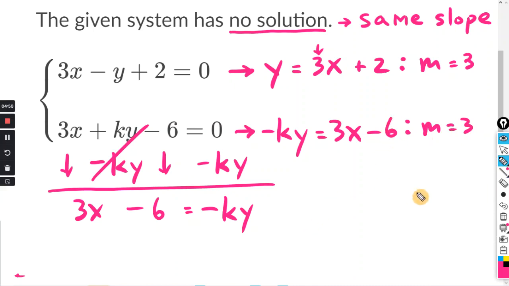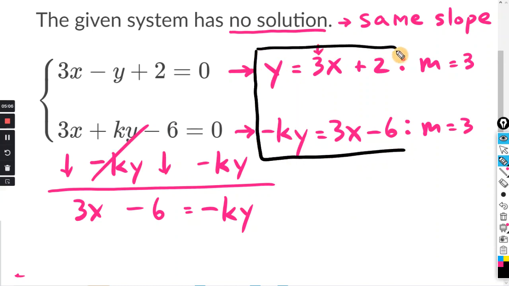Now, the final step is to solve for k. We have these two equations in the same form and the same slopes, 3 and 3. So we just have to match up the y's. This is y equals, and this has to be y equals. Remember, if there is no number or coefficient in front of the variable, it's automatically a 1.